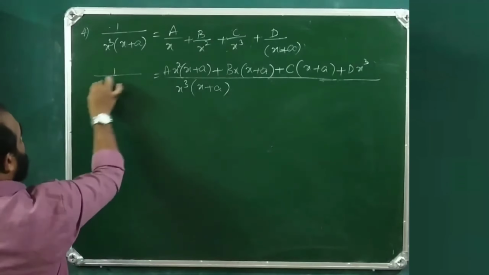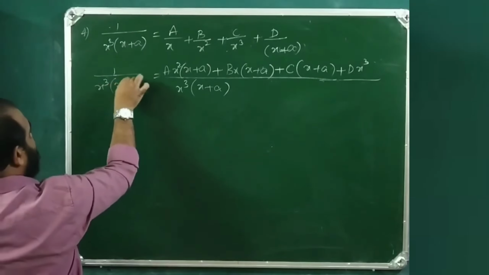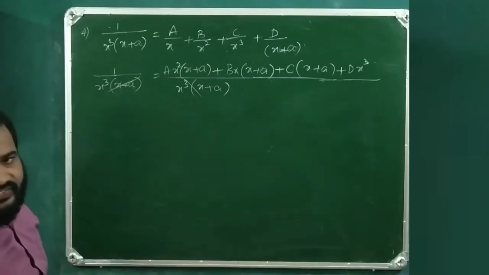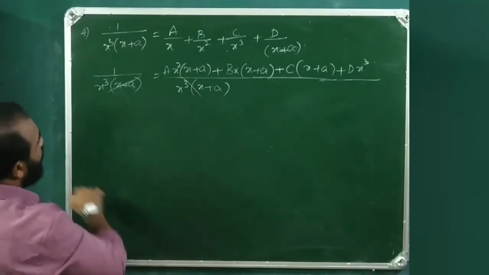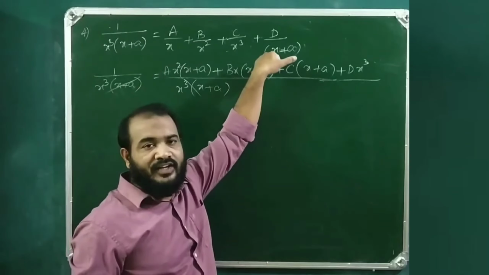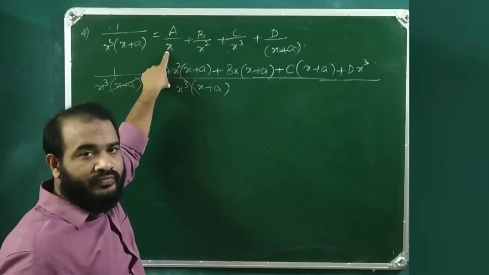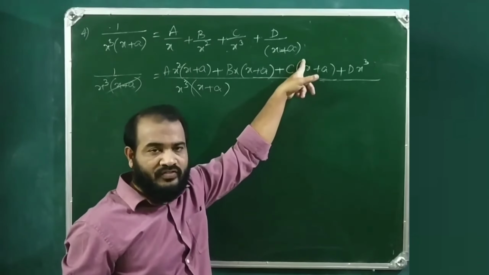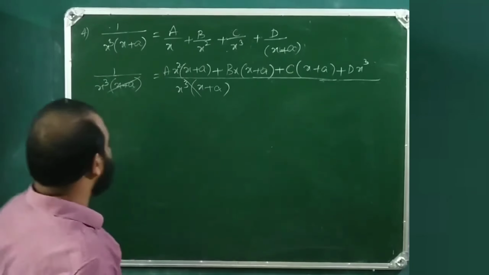Now this is equal to 1 by x cube into x plus a. These on both the sides got cancelled. Now x is the linear factor and x plus a is the linear factor. So x equals 0 and x equals minus a are the two roots that satisfy the equation.